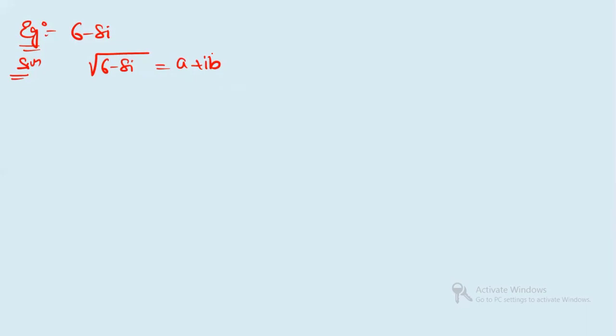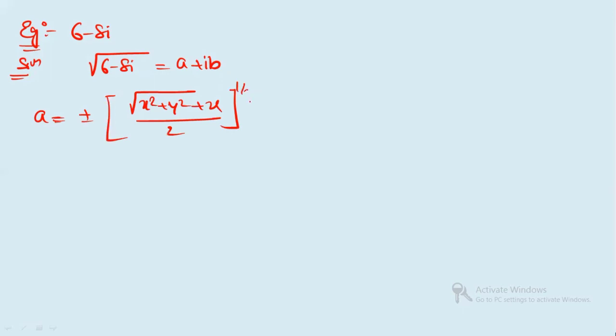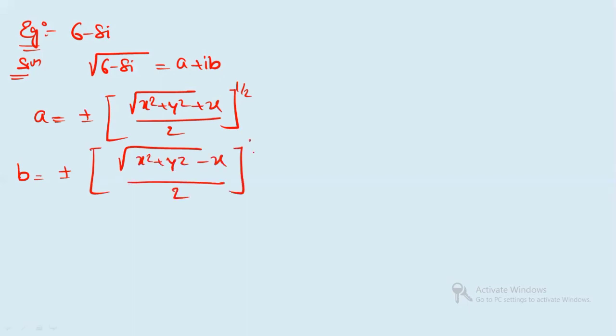We will not do all the steps; we will use the formula directly. The formula for a was plus minus root over x square plus y square plus x divided by 2, whole to the power 1 by 2. And b was plus minus root over x square plus y square minus x divided by 2, whole to the power 1 by 2.